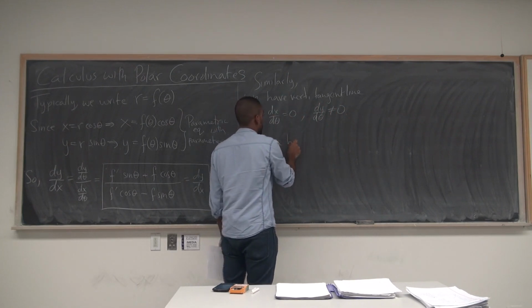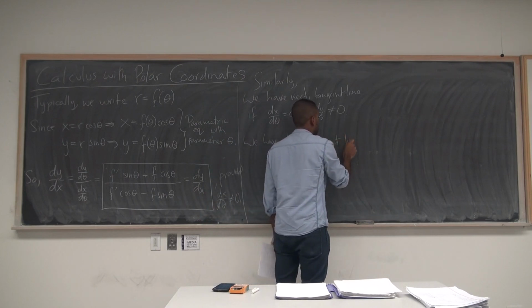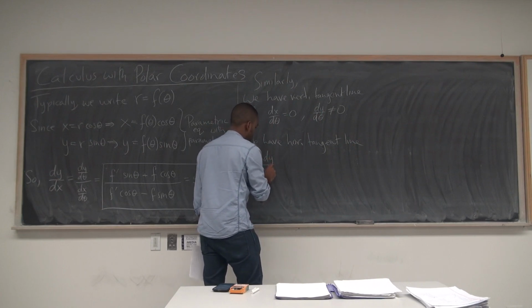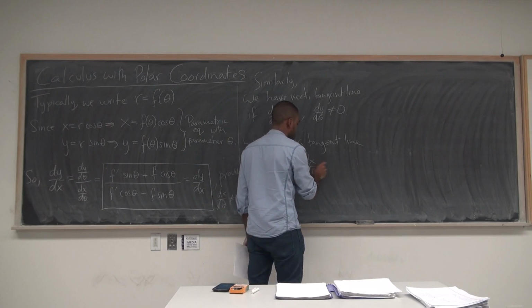We have a horizontal tangent line if dy/d theta equals 0, but dx/d theta is not 0 at the same time.